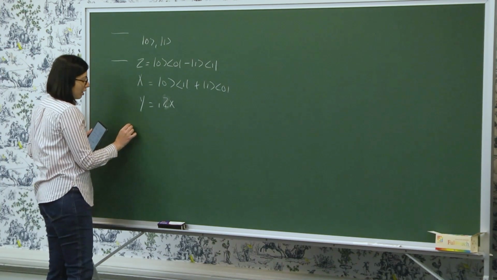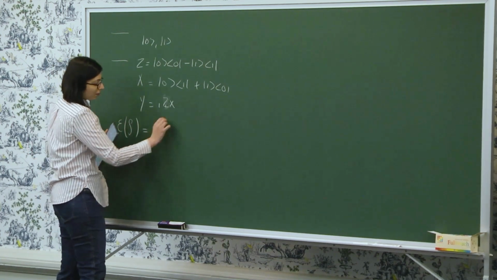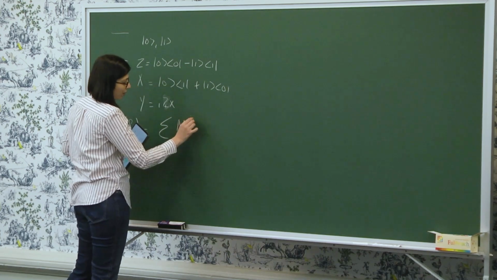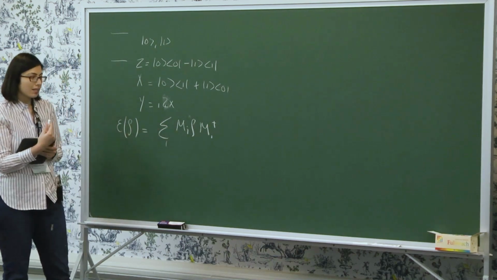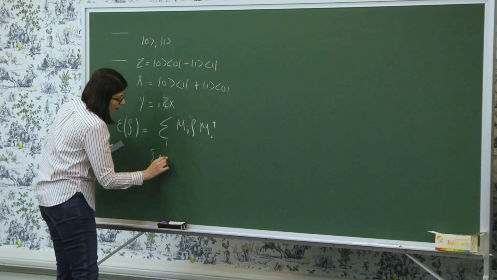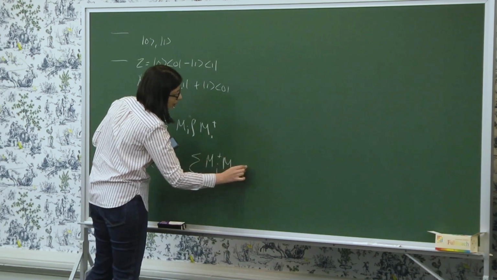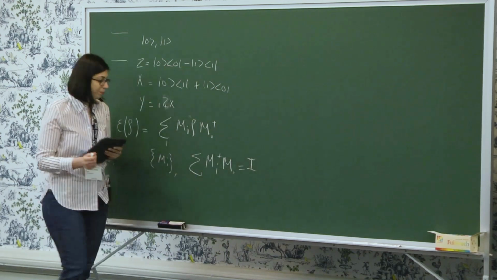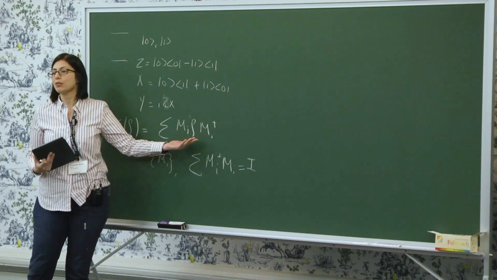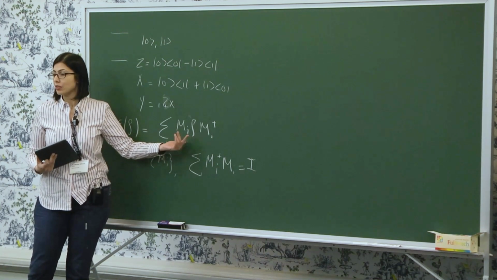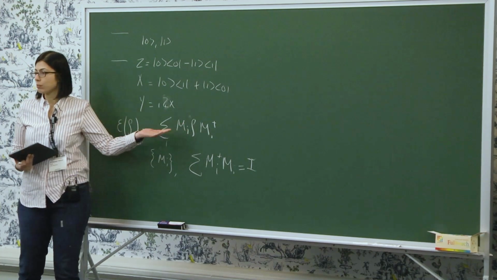So you have the density operator evolving under some quantum channel as the sum over i of M_i rho M_i dagger, where the M_i's are your Kraus operators, and they obey the relationship that the summation of M_i dagger M_i must be equal to identity. Why this is true wasn't very obvious to me the first time I saw it. How do we go from unitaries to this? So if you're not happy seeing this, let me know. We can discuss more in the Q&A section.